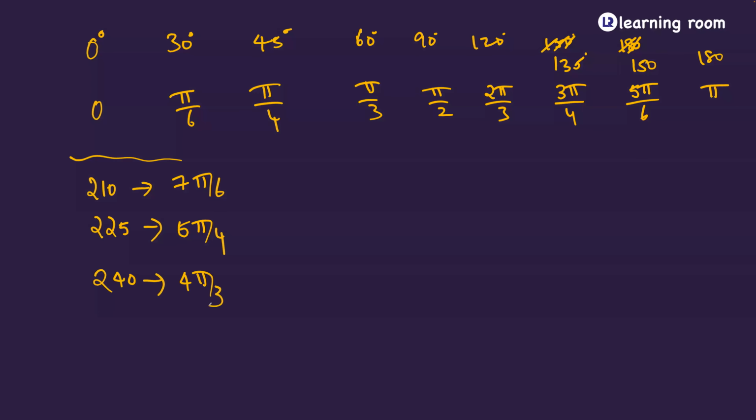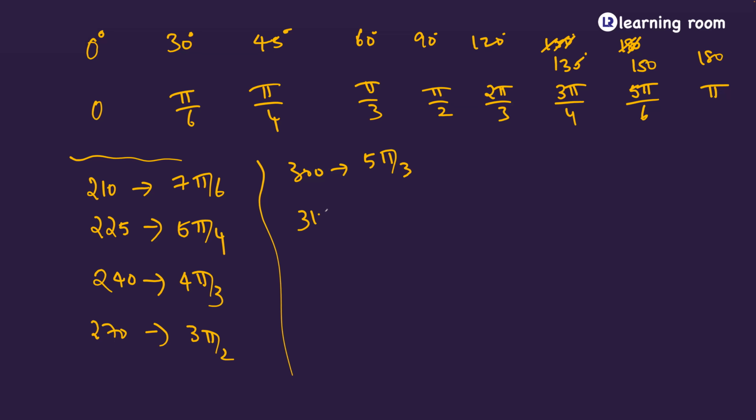Then you will have 270. Then you can think of 300. 300 is 5 times 60, so it will be 5 pi by 3.